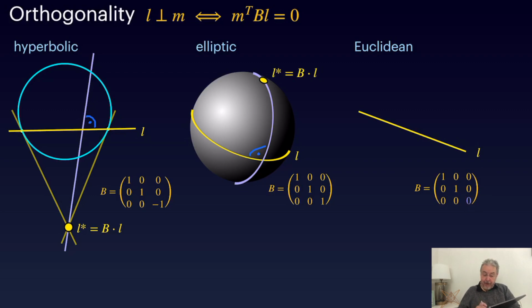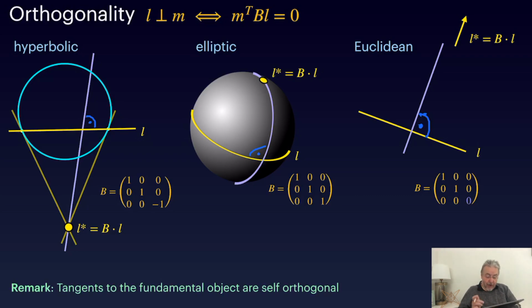So if we multiply B times L, what we get is the first coordinates and a 0 in the last spot, which means we get a point at infinity that points in a direction orthogonal to L, which is exactly what we want, because if we have a line M through that point at infinity, then we will get orthogonality as we expect. And you can play this game for other Cayley-Klein geometries as well. I leave it to you as an exercise, either for doing or for reading in the book.